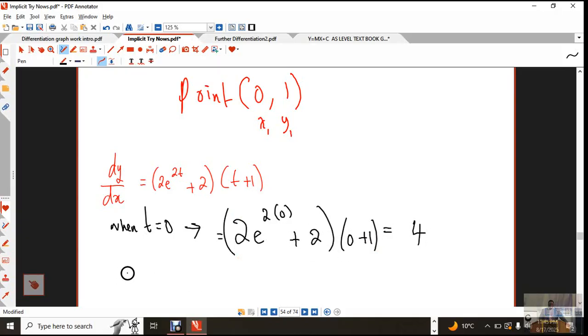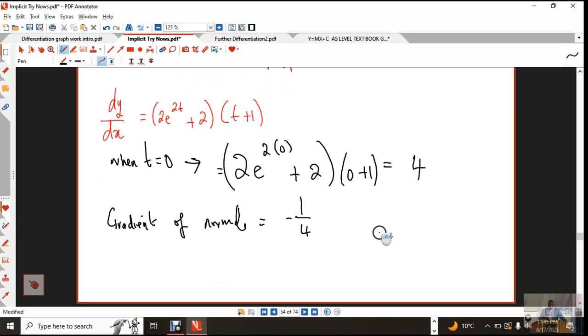So the gradient of the normal will be the negative reciprocal of this, which is going to be negative 1 over 4. So if we have our equation, then we know that the equation should be y equals, or they have been specific, but let's just write down what it's going to be.